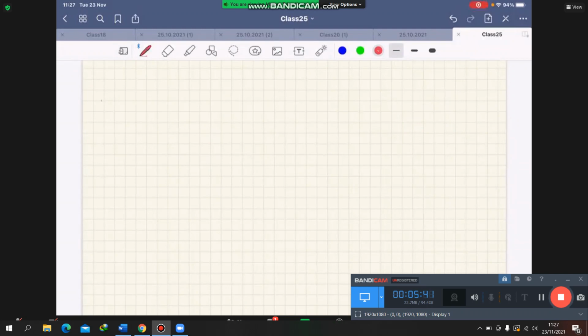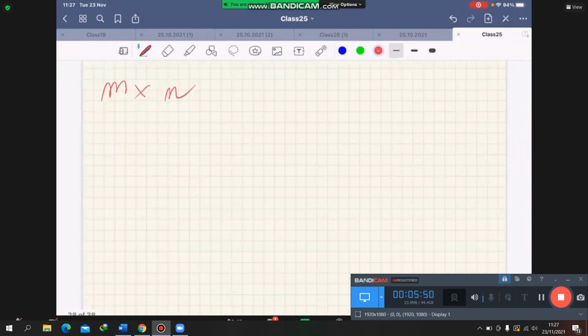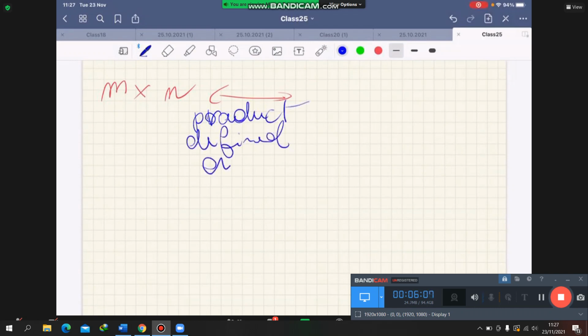So you have an m by n matrix, and you can multiply, so product defined, only if the first dimension of the second matrix is equal to the second dimension of the first matrix, n by p.